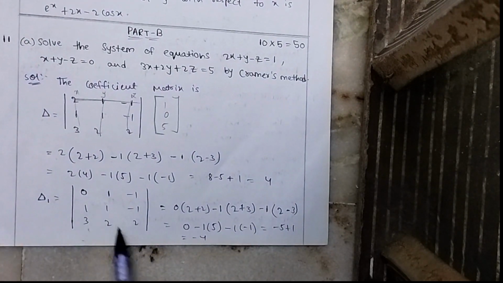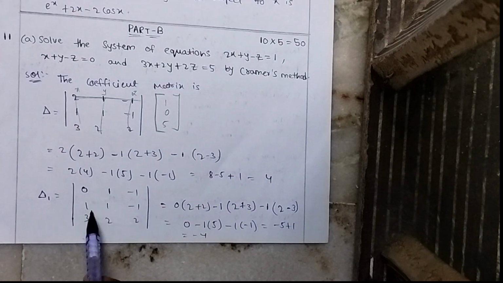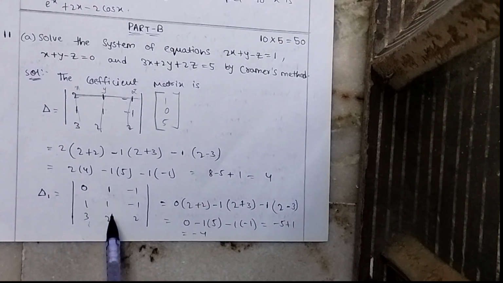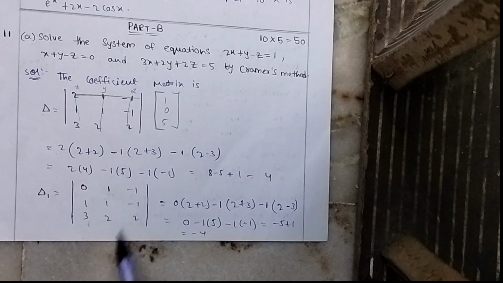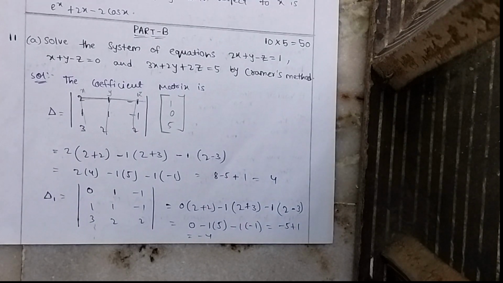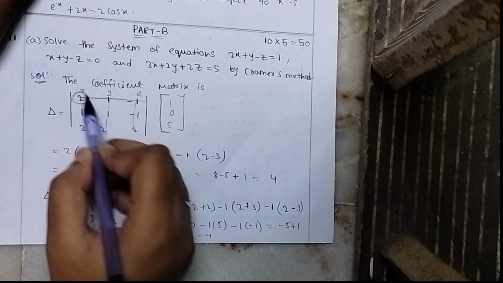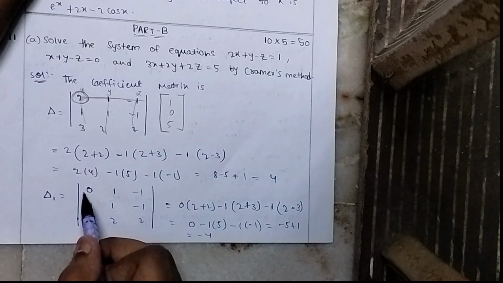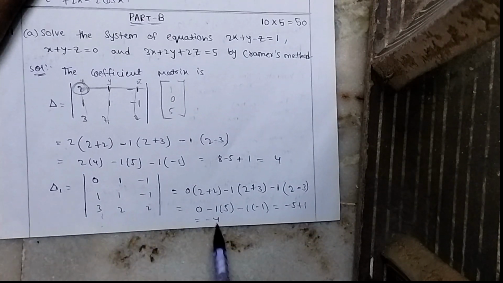And now substituting the constants 0, 1, 3 in this place, in the place of the first column 2, 1, 3 with 0, 1, 3, the value of delta 1 is minus 4.